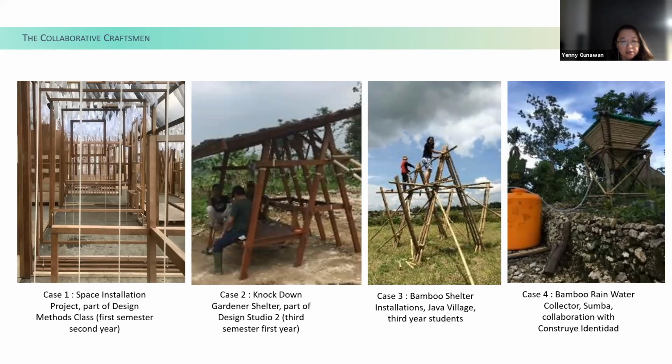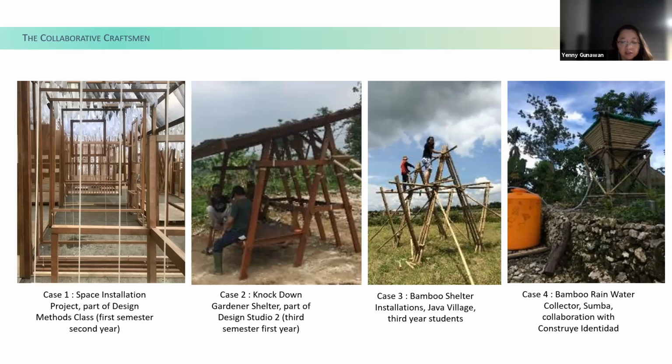Four case studies are presented. The four case studies shown here are programs conducted at the Department of Architecture, Parahyangan Catholic University in Bandung. The first is a space installation project.